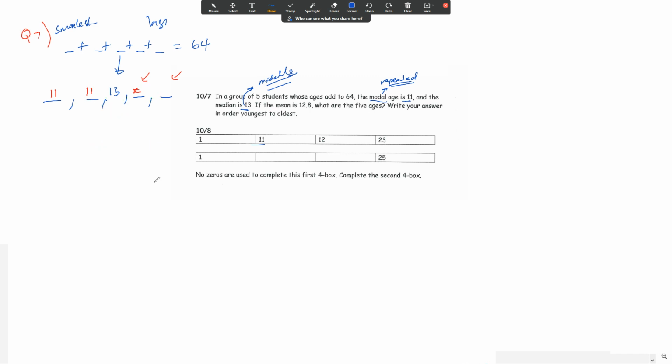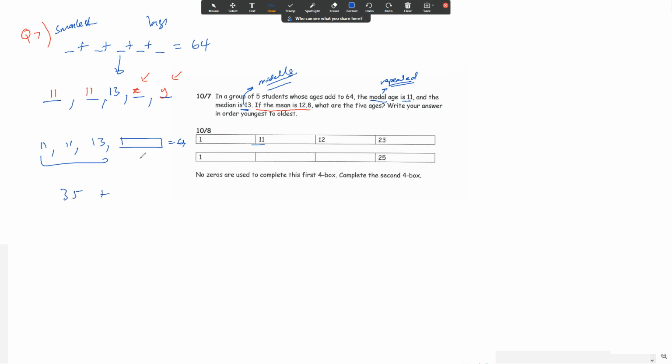Trial and error looks like it might just be even quicker than everything else. I've got 11, I've got 11, I've got 13, and I've got two numbers that need to get to 64. Already those three numbers, 11 plus 11 plus 13, comes to 35, right?